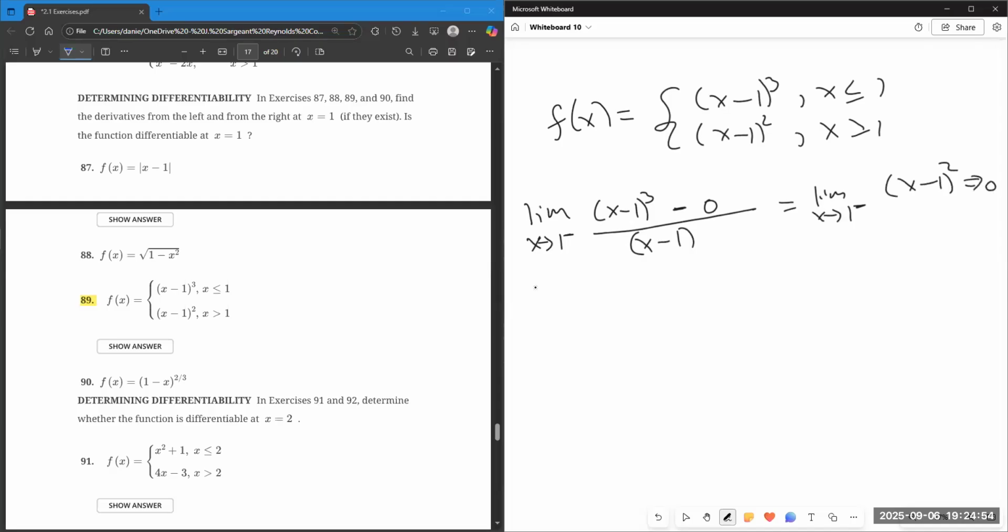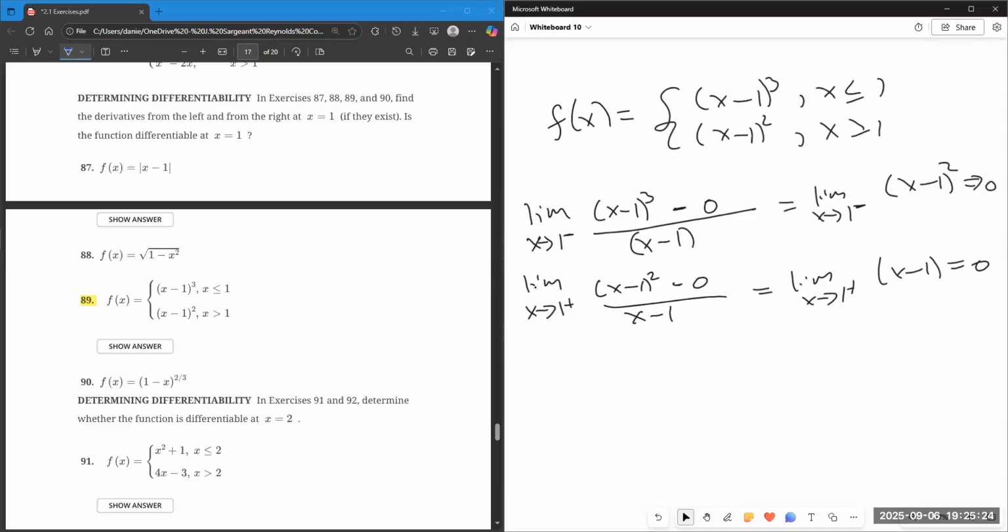then one of those cancels, x minus 1 quantity squared, and then stick that in there. That gets close to 0. 0 squared is going to be 0. Limit as x approaches 1 from the right is going to be x minus 1 squared minus 0 over x minus 1, the limit as x approaches 1 from the right. x minus 1 is also 0.